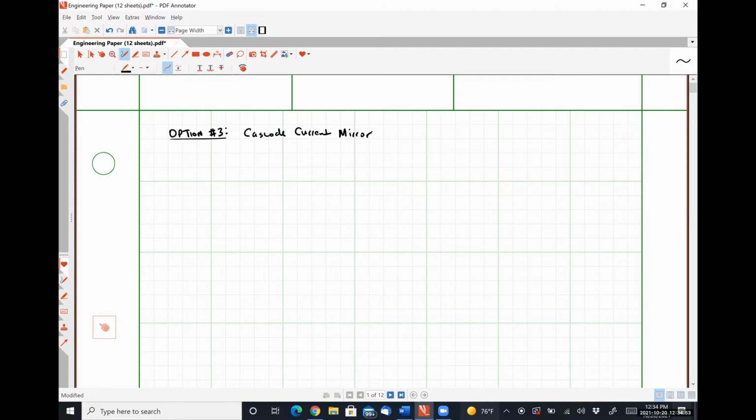So if this is transistor M2, and we'll worry about how it gets biased in a moment, I'm going to call this transistor M4.